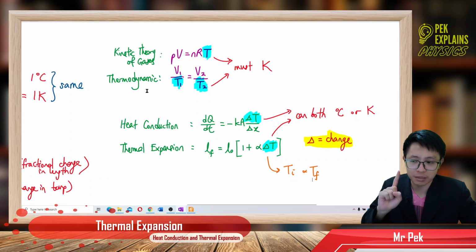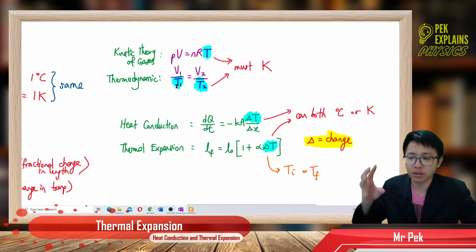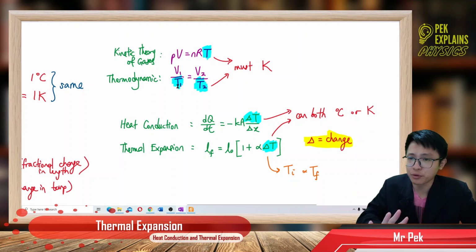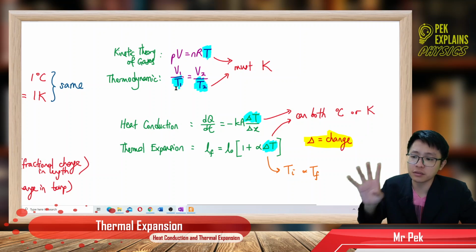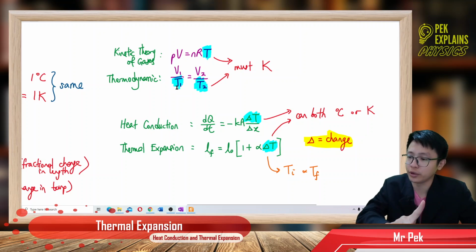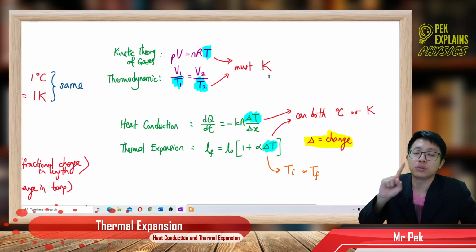In thermodynamics, you talk about the temperature at one point and the temperature at another point. This is not talking about change of temperature, it still sticks with temperature at one point. This also needs to be changed to Kelvin. This is actually Charles' law.